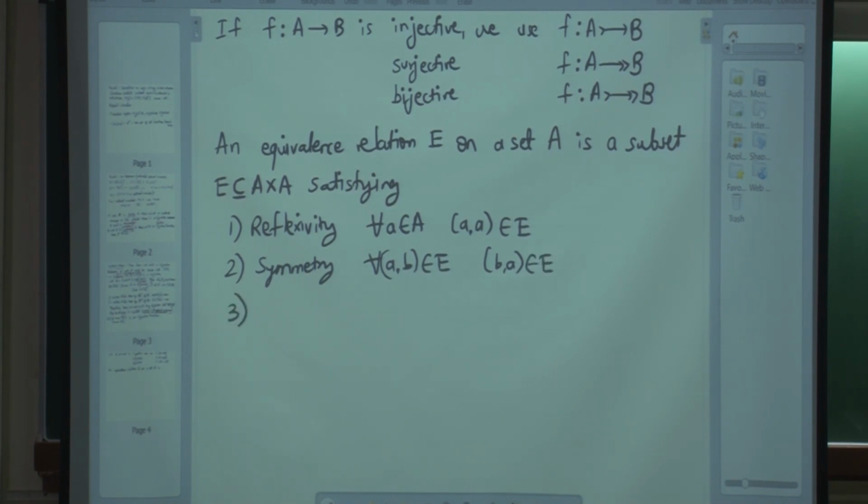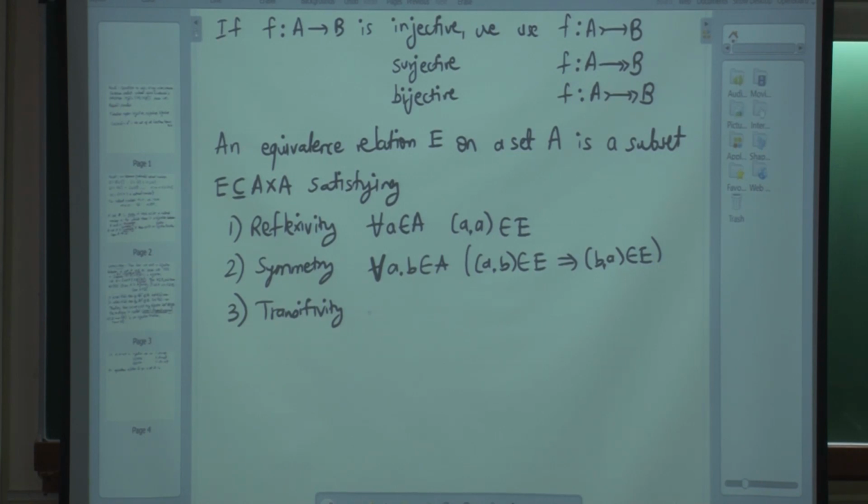And the third thing, transitivity. Actually, this is not really the right way of writing things. I should undo and erase this properly. I should say for all a and b in A, if (a, b) belongs to E, then this implies that (b, a) also belongs to E. Double implication is a consequence of single implication, right?